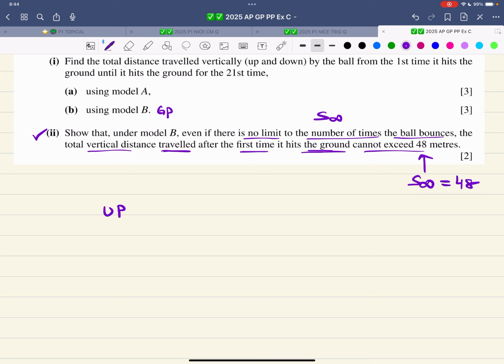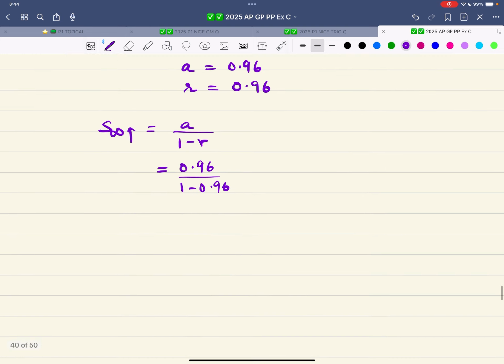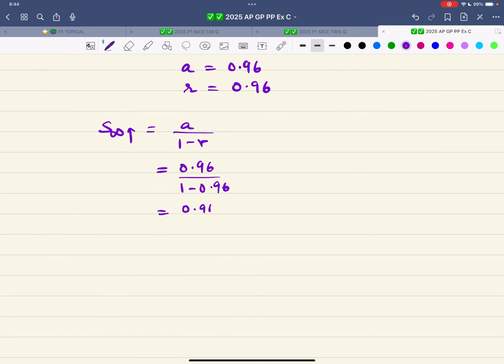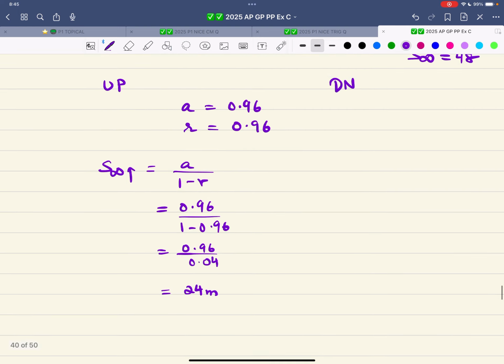So now up, down, first term is 0.96, common ratio is 0.96, and sum to infinity up, that is a over 1 minus r, 0.96 over 1 minus 0.96, that is 0.96 divided by 0.04, that comes out to be 24 meters.